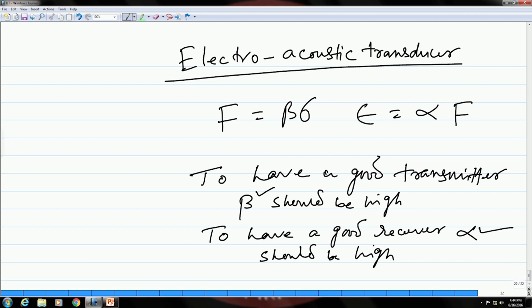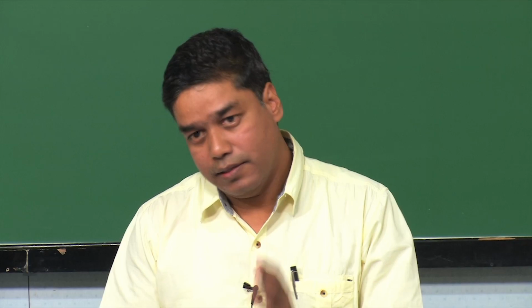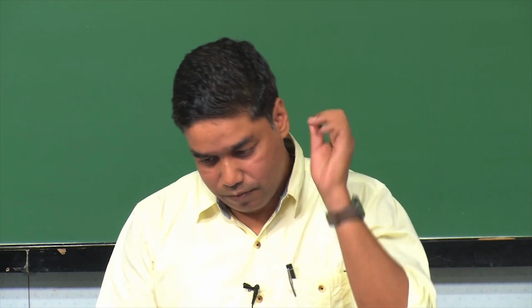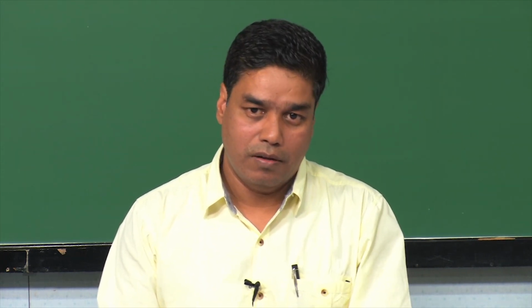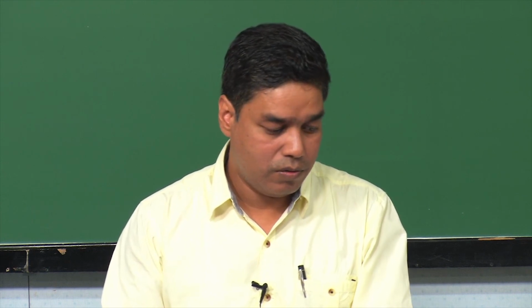So, if you have both high, it is good, then in the same transducer you will have good transmission and good receiving ability. But let us see whether it is possible to optimize both or to have high values for both in the same transducer.